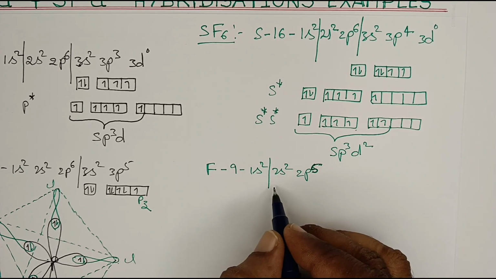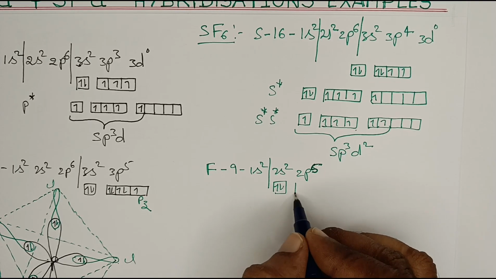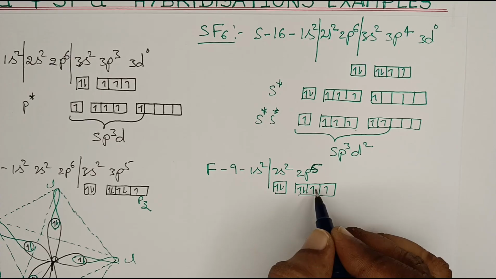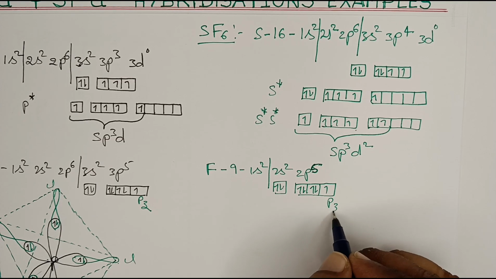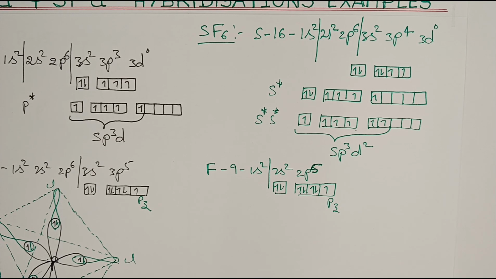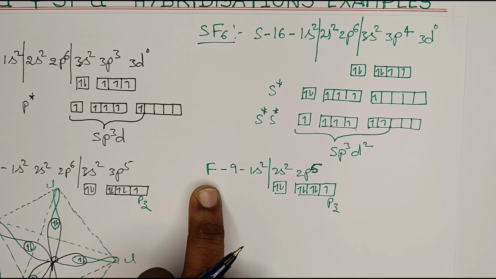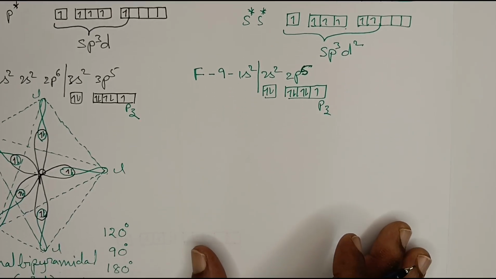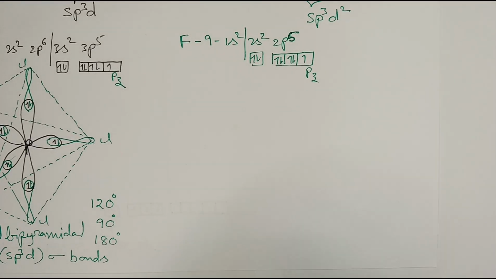So it contains 1, 2, 3, 4, 5 electrons in the p orbitals. So the pz orbital of fluorine is ready to bond with the sp3d2 hybridized orbitals of sulfur. So in sulfur there is sp3d2 hybridization.